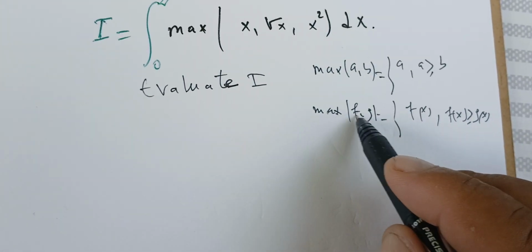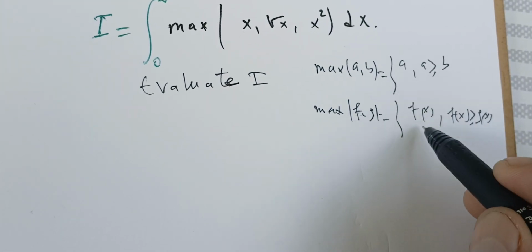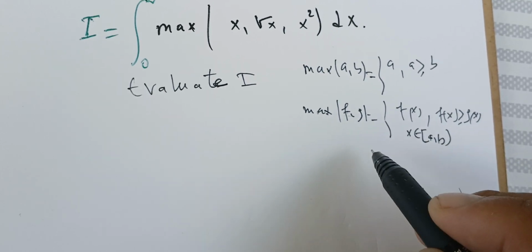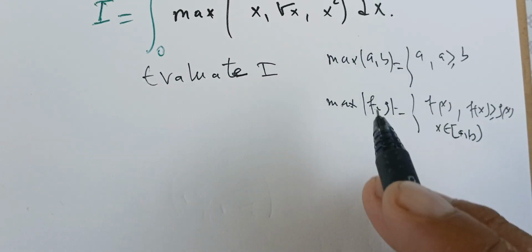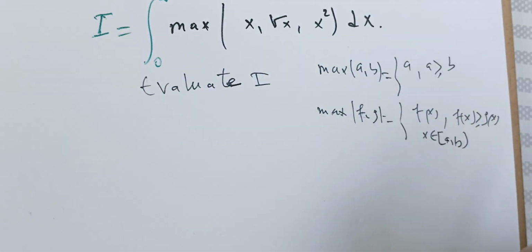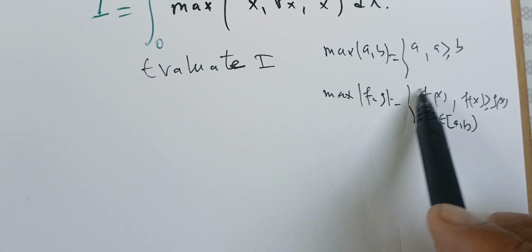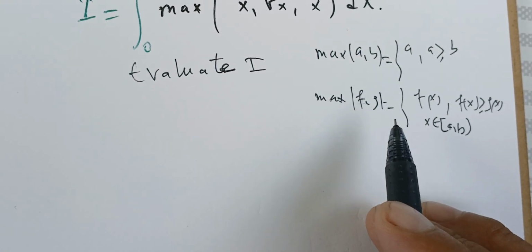Sometimes the maximum can't be on the whole interval. It can be on some separate interval, and therefore, we need to take that into account.